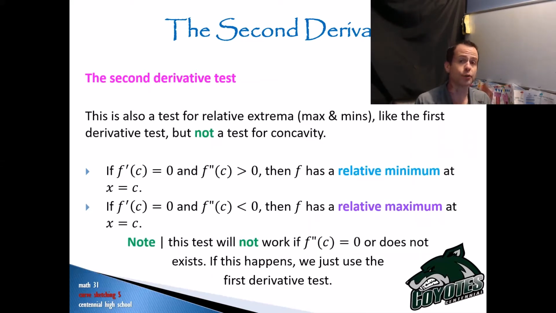Or if the first derivative is 0 and the second derivative is negative, then you'll have a relative maximum there. Just a quick note: this test will not work if the second derivative, f double prime of c, is 0 or does not exist. If this happens, you'd have to just use the first derivative test.